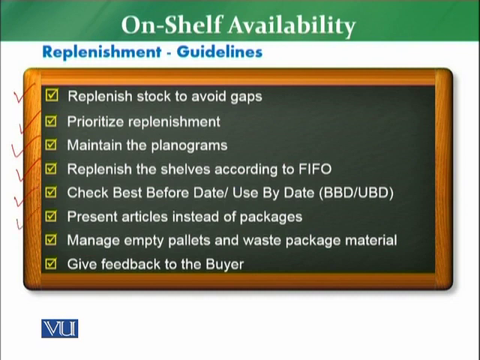Then you have to present articles instead of packages. Once you replenish, you need to present single articles on the shelf so the customer can easily see that product. Then manage empty pallets and waste package materials. If the cartons are there and you have already replenished the products on the shelf, you have to dispose of this packaging material.